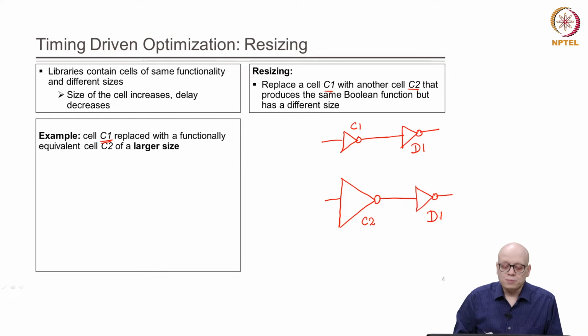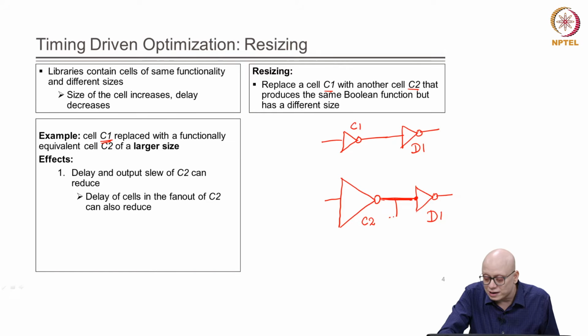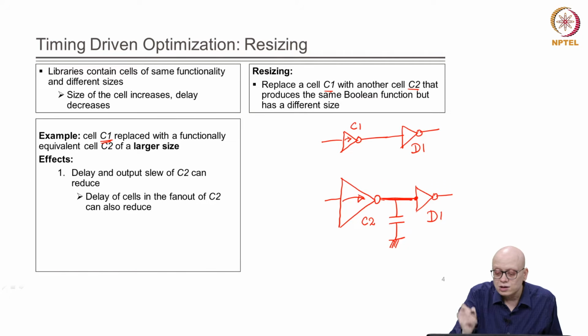Now, because of the larger size of C2, and because C2 comprises larger transistors, it will be able to drive this load, corresponding to this wire and the input capacitance of this inverter D1. There will be some load capacitance here. Now, if we consider this timing arc, the delay of this timing arc will be smaller for C2 compared to C1. So, the delay and output slew of C2 can reduce.